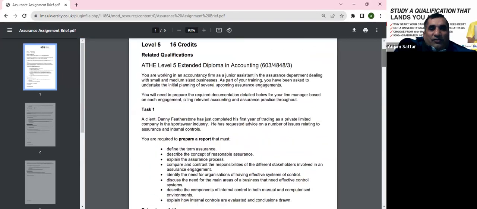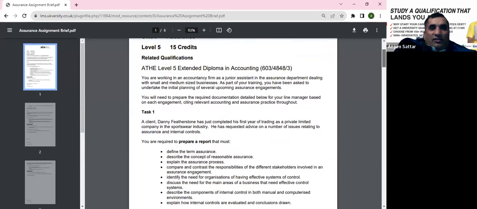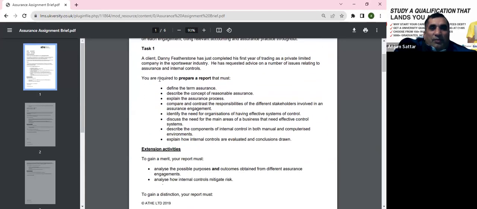Can you see the assignment brief? Yes. Okay, within this brief we are explained what we're supposed to do. Underneath each task, like 1.1, 1.2, 1.3, the one represents lesson one. Here we have task one, where we've been asked to prepare the report.